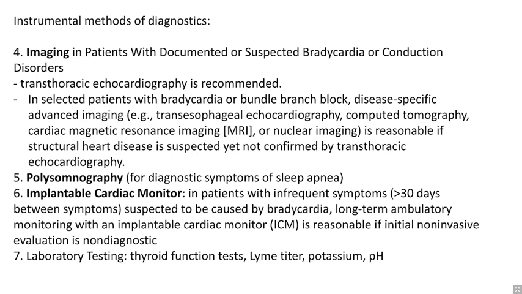Next, what we use in a patient with bradycardia for diagnosis: imaging methods, transthoracic echocardiography, of course, polysomnography for diagnosis of sleep apnea, for example, implantable cardiac monitor, and some laboratory tests, because we said sometimes electrolyte disorders may be a cause for bradycardia, or hormone disorders also may be a cause for bradycardia.